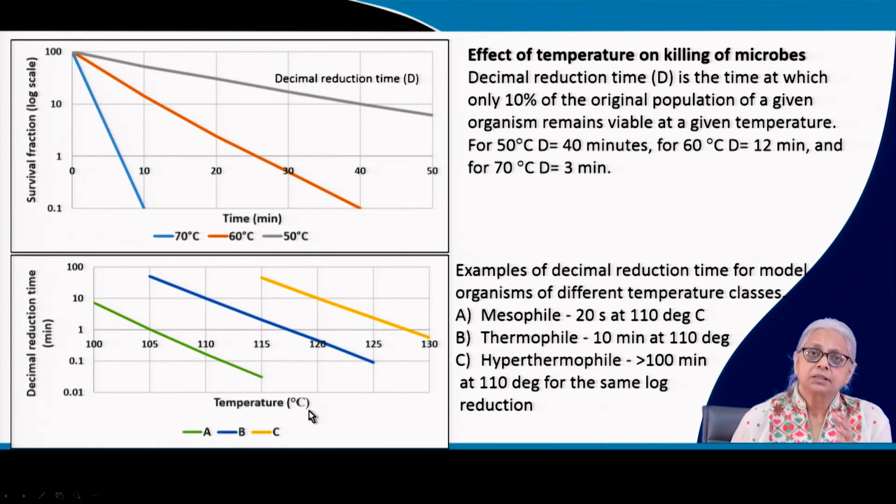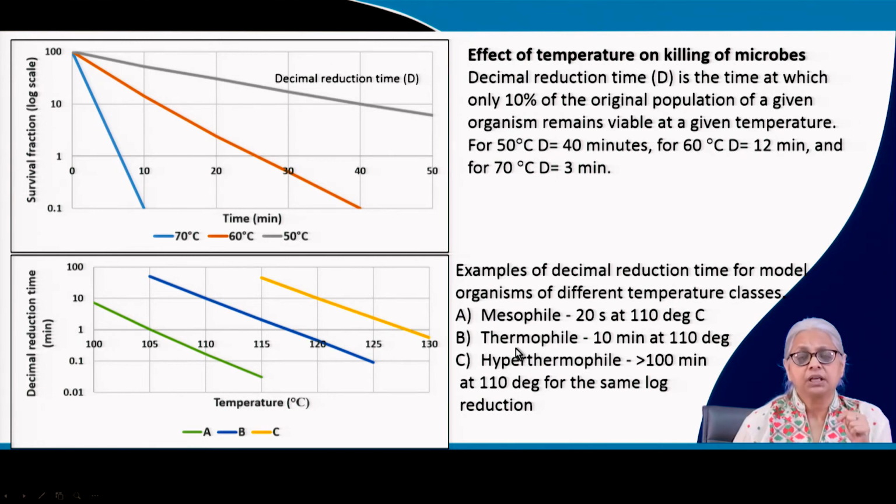Now, do all species react to the same disinfectant at the same temperature in the same way? The answer is no. Different species will react in a very different way. A mesophilic species, the green line, is a mesophile. You get 1 log reduction in 20 seconds at 110 degrees centigrade. It's a mesophilic bacteria, which has no ability to withstand high temperatures like 110 degrees centigrade.